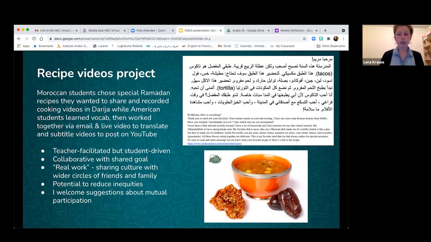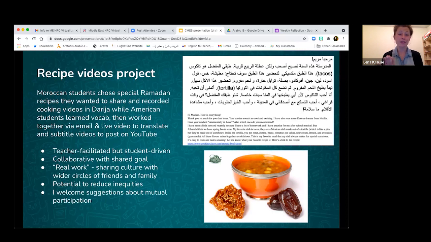So here is where I really feel like I'm a facilitator. It was student driven. We asked the students what they wanted to share, what form they wanted it to take, what they wanted the end goal to be, and what we could do to support them. And then, working with their teacher, we decided that the goal would be for them to subtitle these videos.